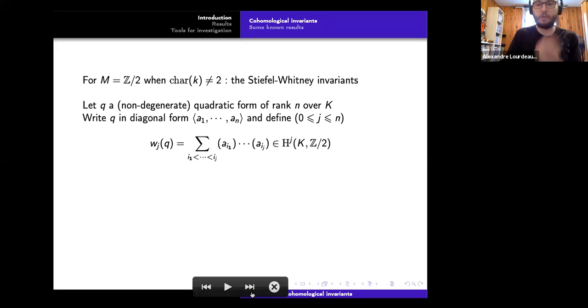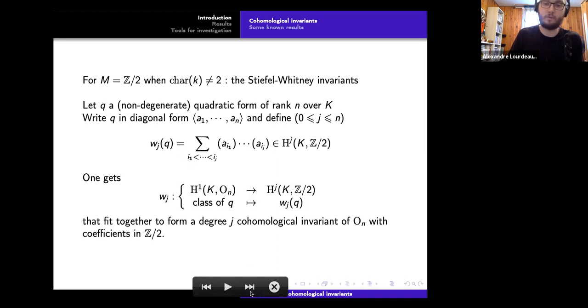And well, we have to show that this is well defined, and for that, that it doesn't depend on the form, only on the isometry class of Q. And well, this is possible, but I won't talk about it.